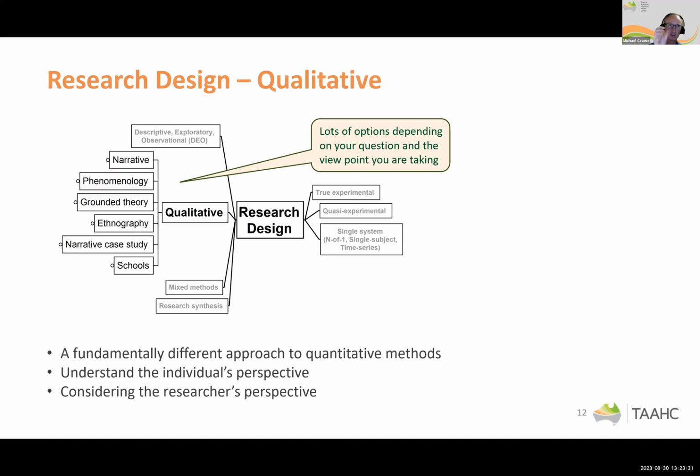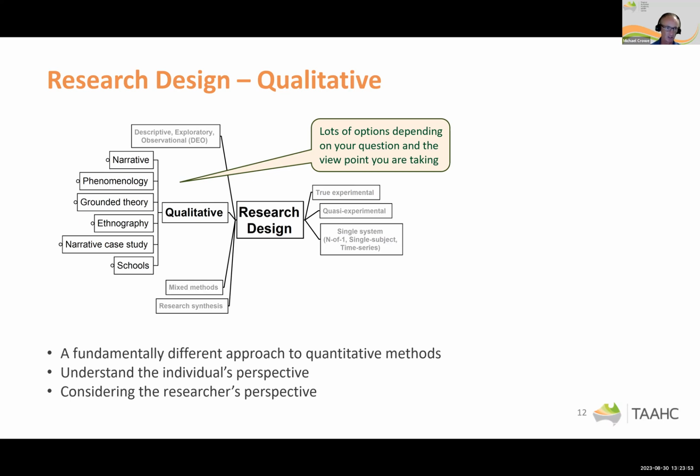So the disease or the recovery or the cancer is the phenomenon that's under discussion. Grounded theory is where you don't really have any idea what is happening or why it's happening, and you build up some sort of theory from individual people's experiences.